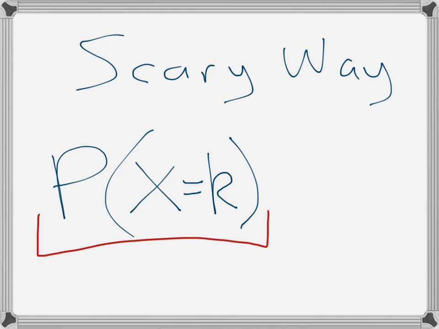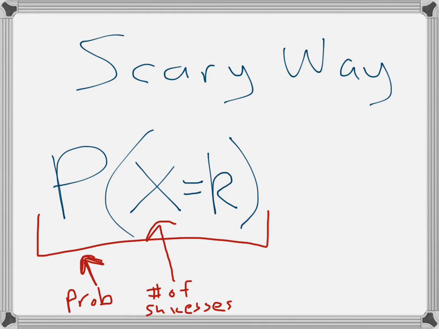That's what we're finding. So that's the probability that P, guess what that stands for? That stands for the probability. That's the number of successes, and then it is k.